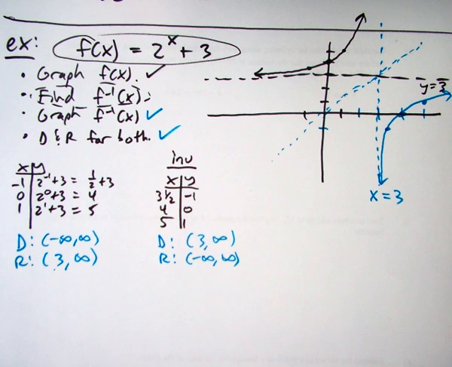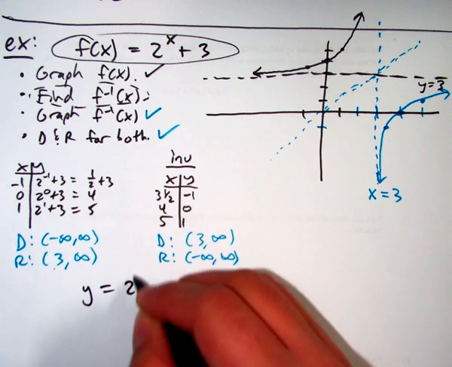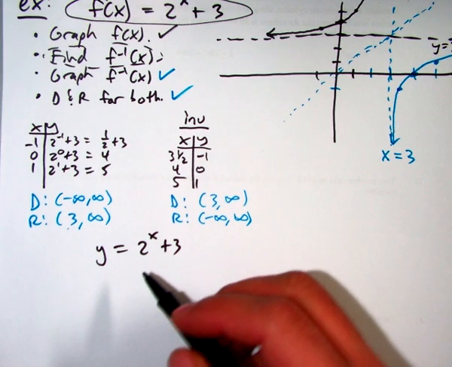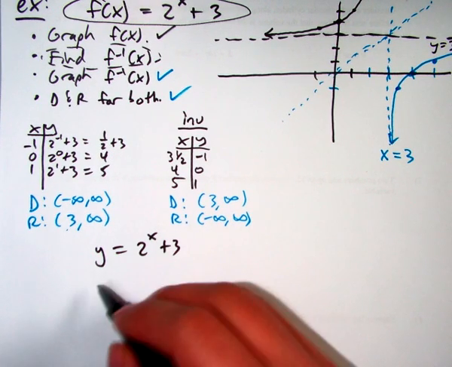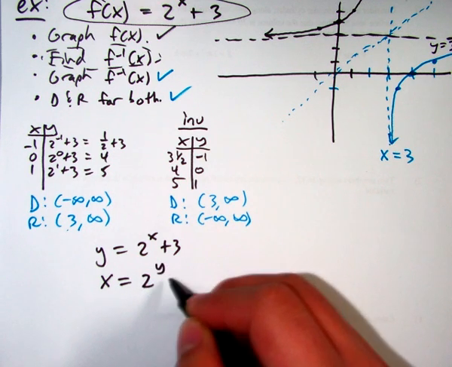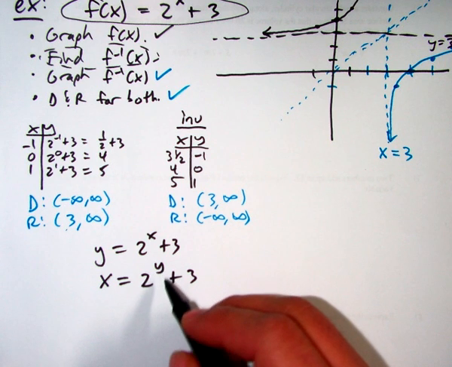Now, as far as finding the inverse, let's talk about that real quick. I'm going to rewrite this as y equals 2 to the x plus 3. If you forgot how to find inverses, one of the things that we did was just switch the x's and y's. So again, there's that theme, switching x's and y's. Once you switch x and y, you try to get a new rule for y, so you get y alone.